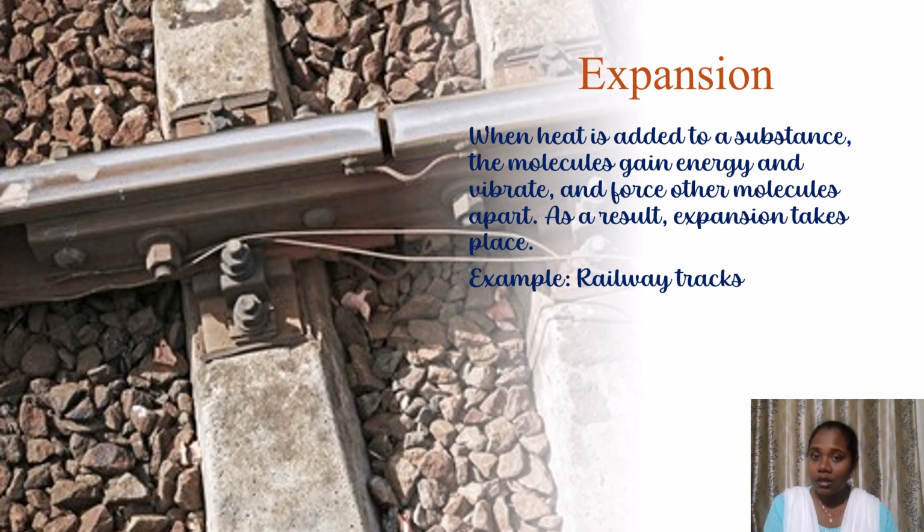During the summer or hot weather, the molecules present in the metal gain heat energy, vibrate, and force other molecules apart. So expansion takes place, and to prevent accidents on the railway track, these gaps are present in between them.